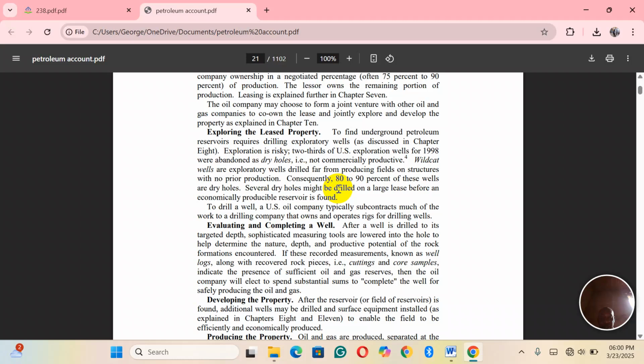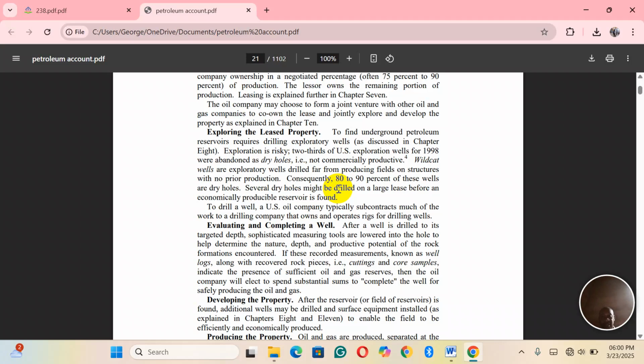Wildcats are exploratory wells drilled far from producing fields or on structures with no proven production.